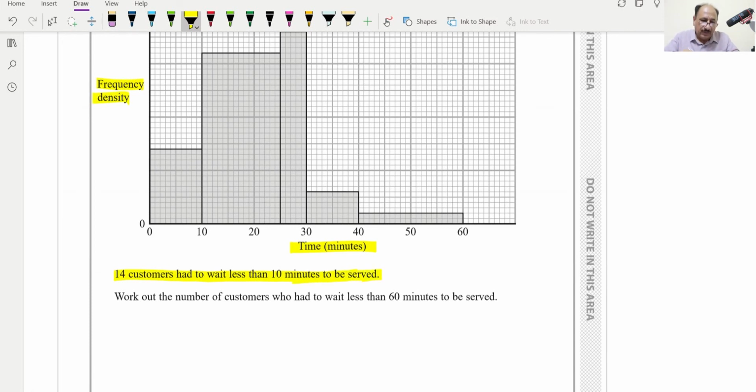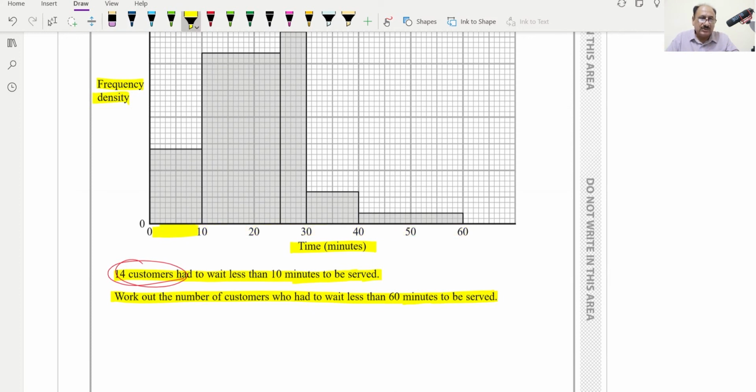So less than 10 minutes is this region, which is representing 14 customers. This is the information provided for utilization. Work out the number of customers who had to wait less than 60 minutes to be served. It means the whole thing up to 60 minutes we have to find.